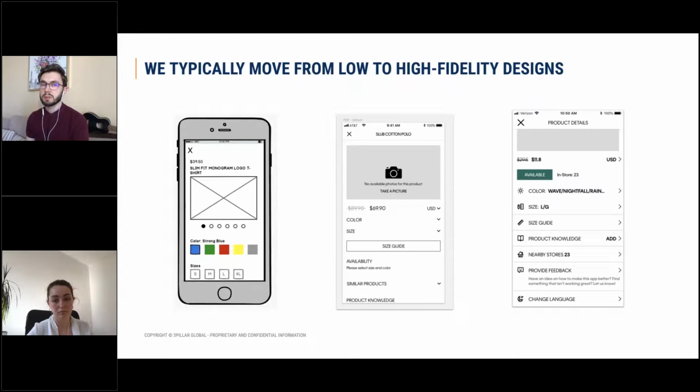So this would be the difference between a really low fidelity sketch that we would test at first and the high fidelity prototype that we would end up with.